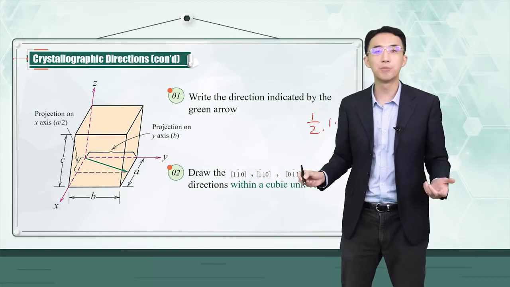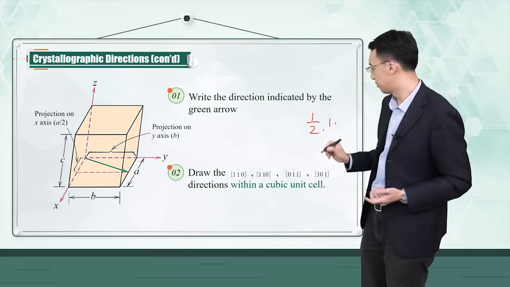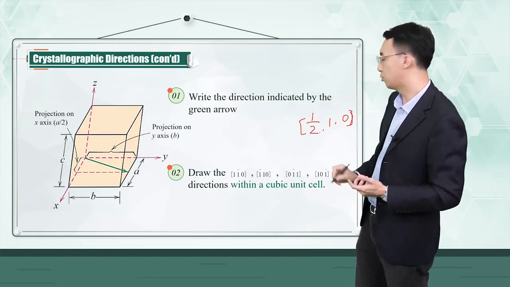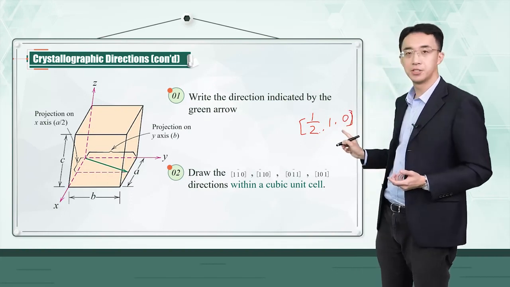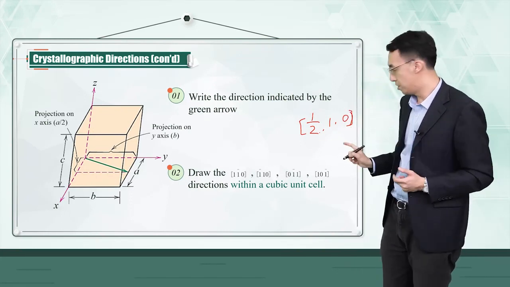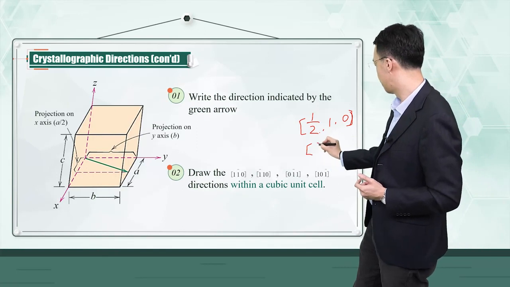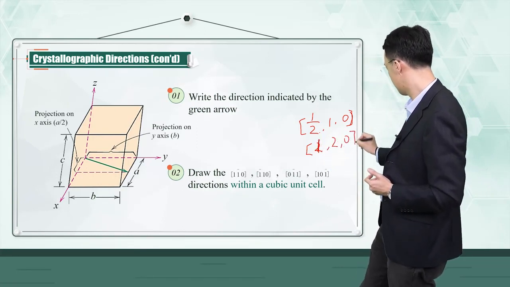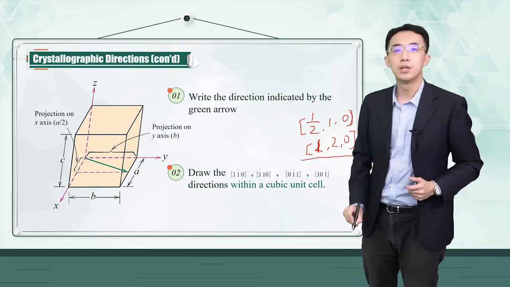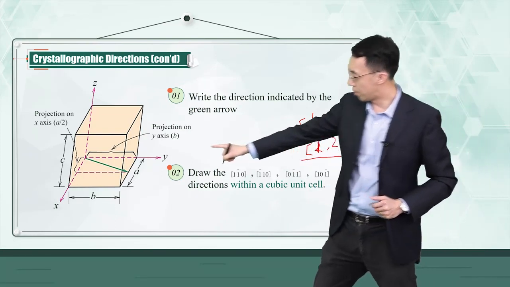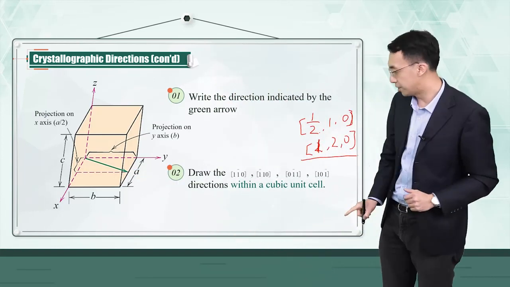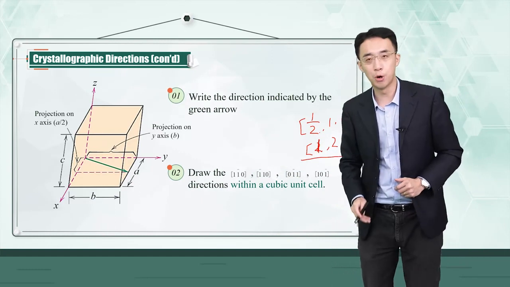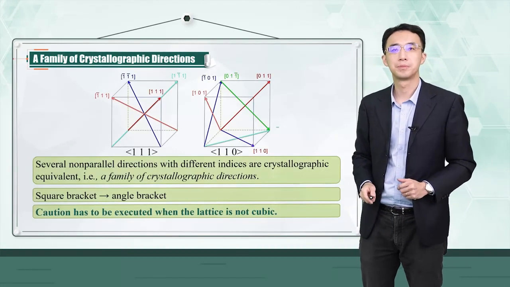It has no projection on the z-axis, so this one would be 0. Then you reduce these indices to the smallest integer numbers, and this is the indices for this direction. For your practice, please draw these directions for your homework.